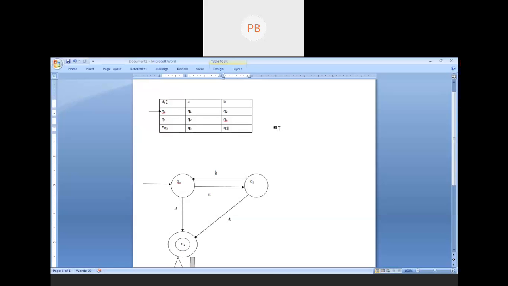Did I give the definition of transition diagram notations? There are four points.